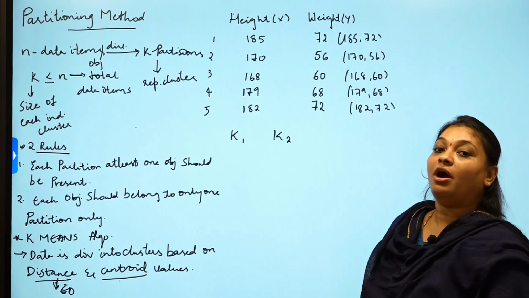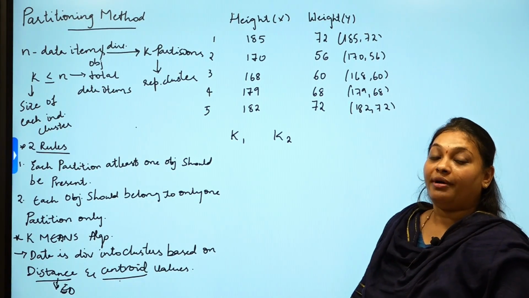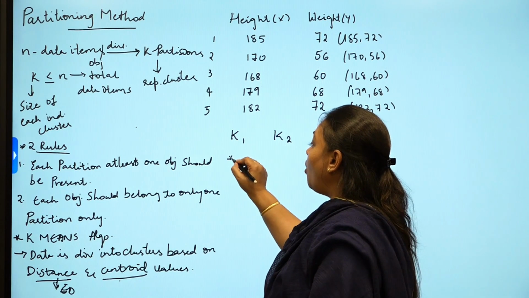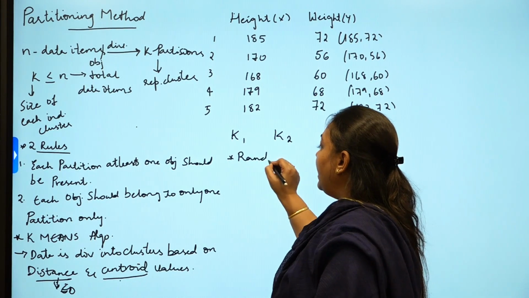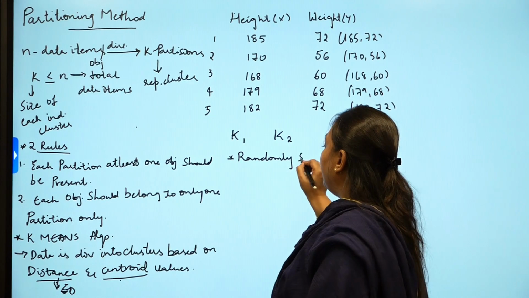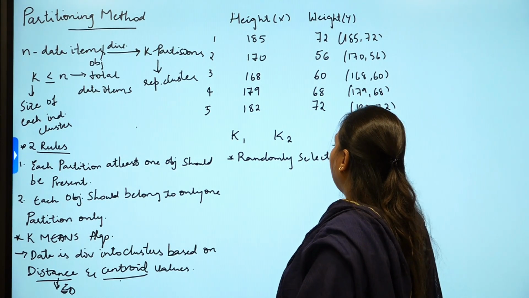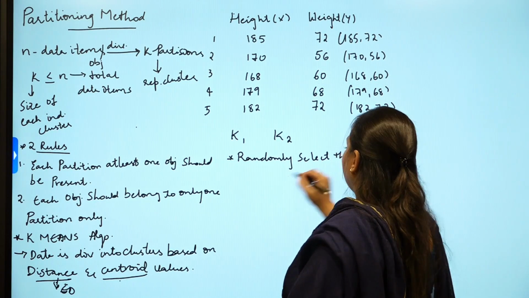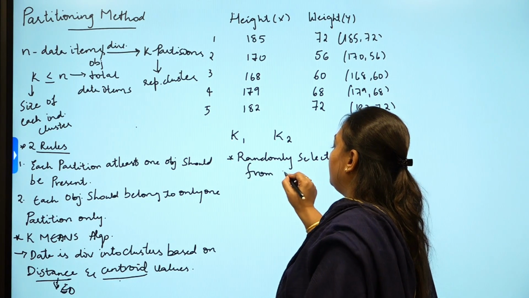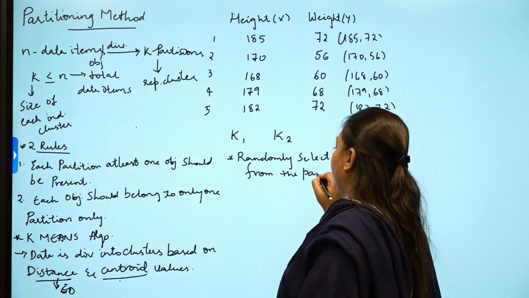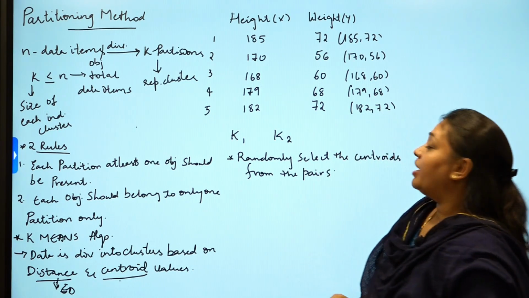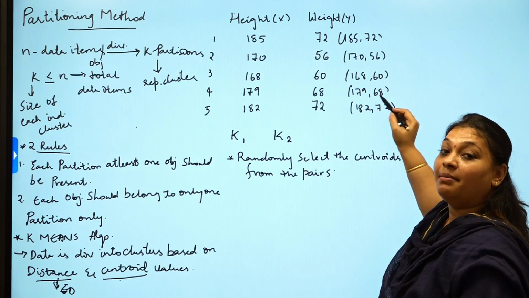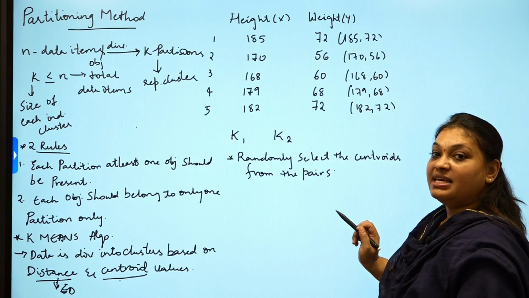Now my next point is I need to randomly select the centroids from the pairs. So out of all the 5 pairs, randomly I am selecting the centroids.